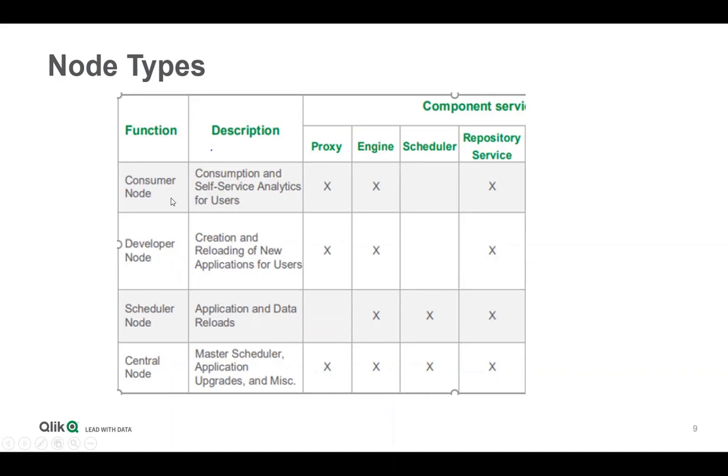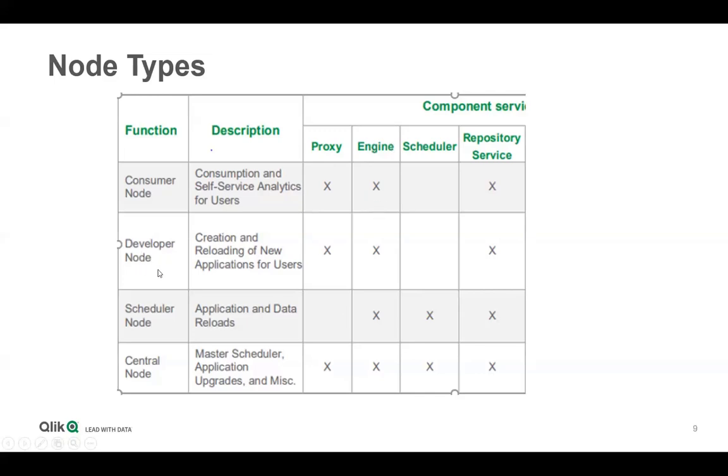The consumer node is mainly used to create the user proxy connection, and also to allocate the workload to different engines. So that's why you can say the consumer node has the proxy service and engine service.